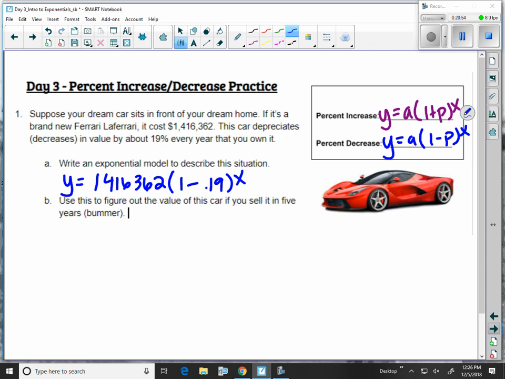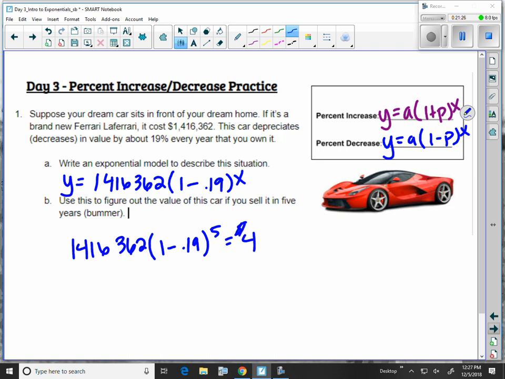Then part B says use this to figure out the value of this car if you sell it in 5 years. Where are you going to plug in 5? For x. You can put that right in your calculator or you can put it in Desmos. $493,854.893.